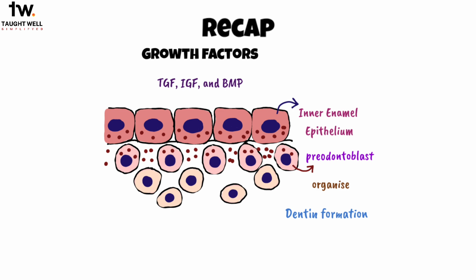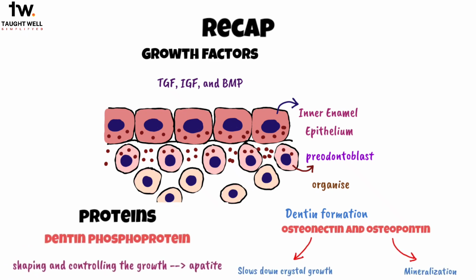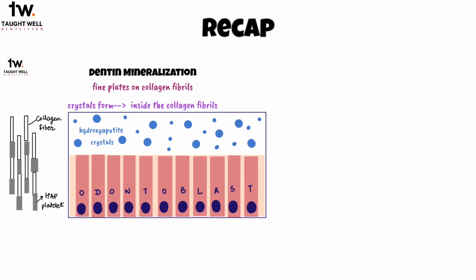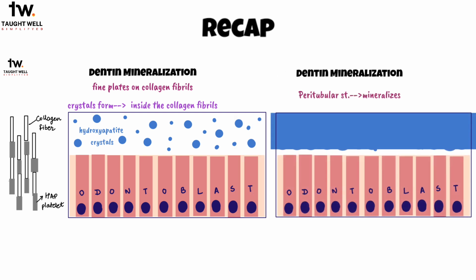Key proteins such as dentin phosphoprotein, osteonectin, and osteopontin guide the formation of hydroxyapatite crystals, which mineralize the collagen matrix into dentin. The mineralization process starts with hydroxyapatite crystals forming on collagen fibrils and then within them, aligning in a structured manner. This mineralization occurs in spherulites and the peritubular region, creating a strong dentin structure.